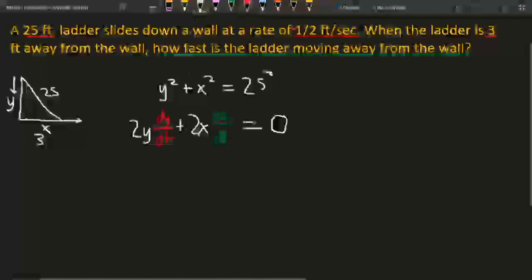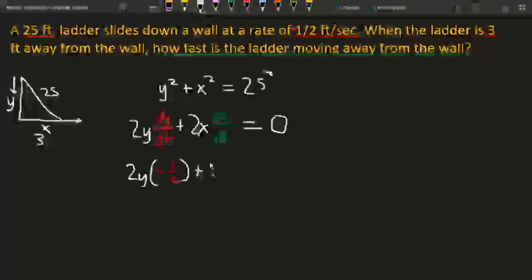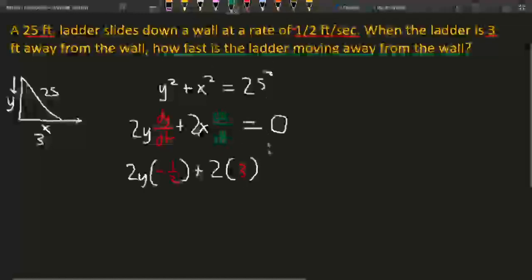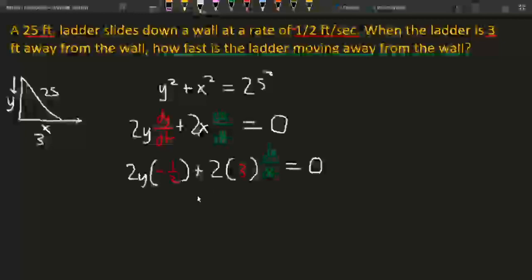So let's substitute that in. 2y times negative 1/2 feet per second plus 2x, and we know that x is 3, so we can substitute that in, 3 and then dx/dt. And this is equal to 0. So right here, we run into a bit of a problem because we don't know what y is.